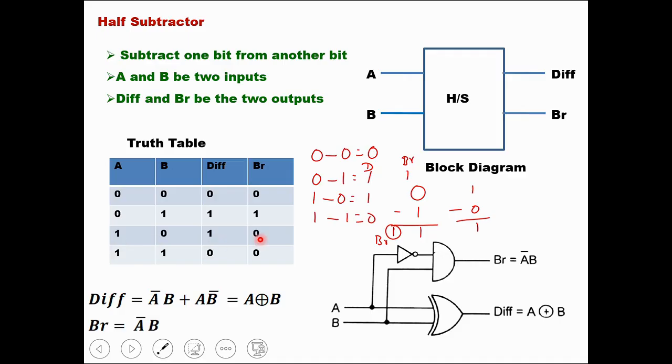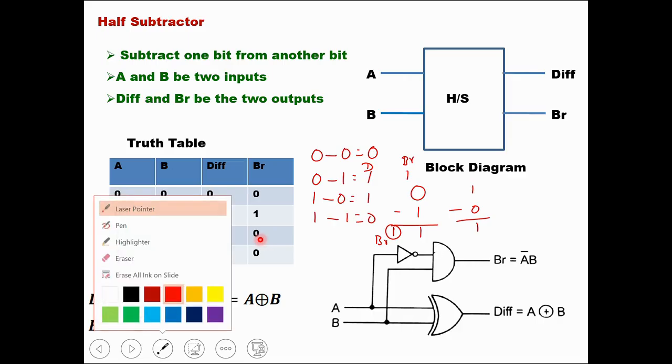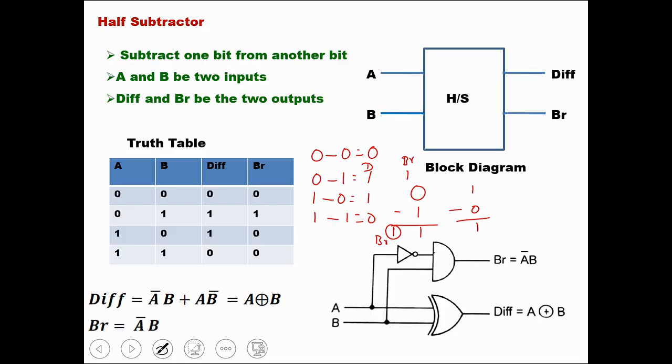So next step is we have to convert this truth table into sum of product terms. To convert this truth table to sum of product terms, we have to select the rows which have high outputs. So here for difference, we are having 2 high outputs.